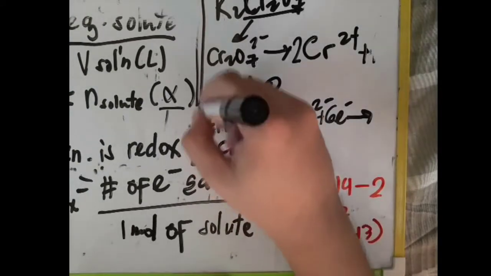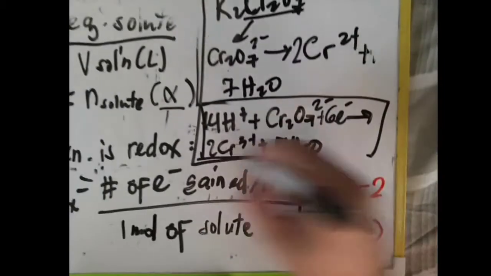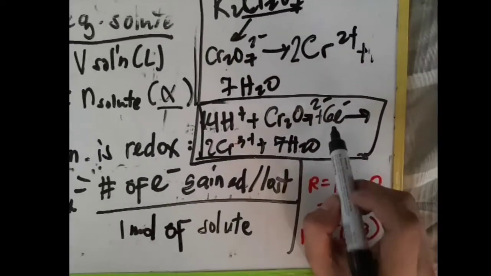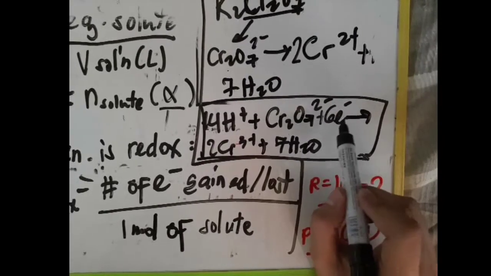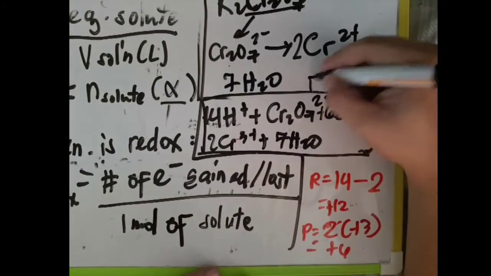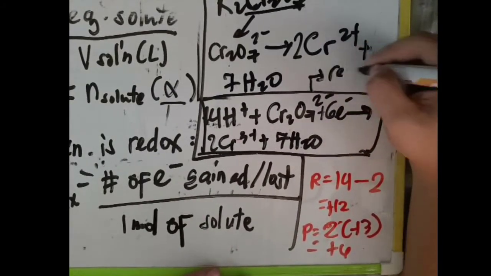So this will be our balanced half reaction. Now, based on the balanced half reaction, since the electrons are on the reactant side, that means the substance gained electrons. That means this is a reduction reaction.